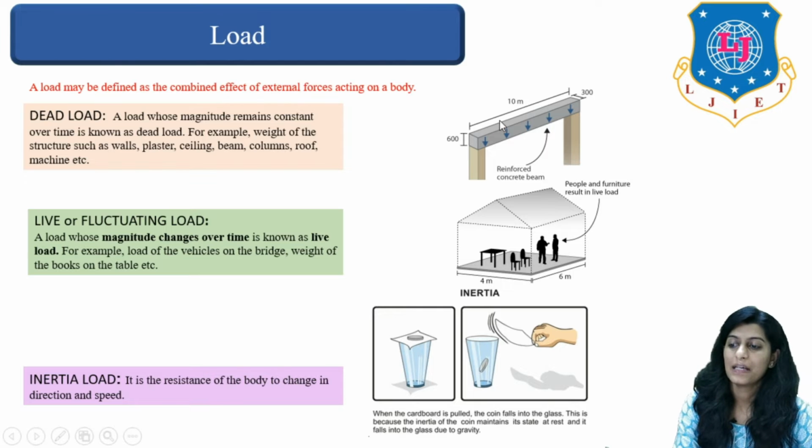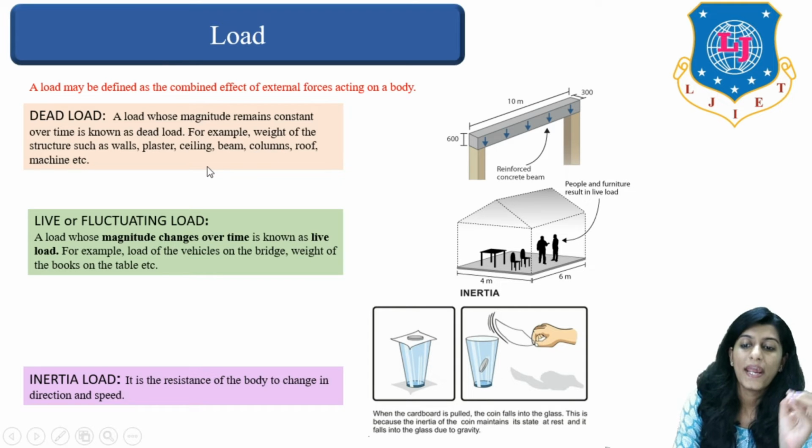Here you can see in the picture that there are two poles and on the poles there is one beam, this beam of 10 meter length and 600 feet diameter, and this is the width, right?